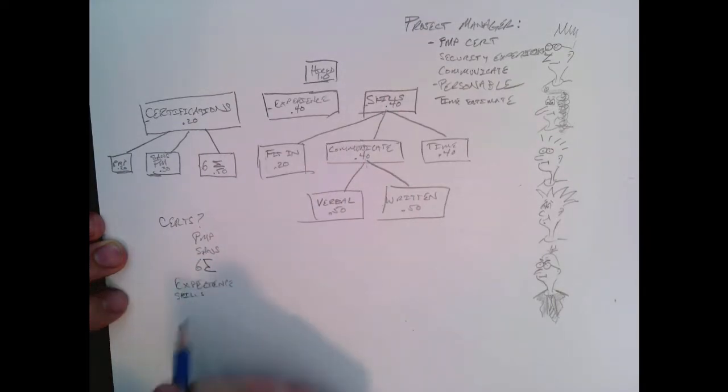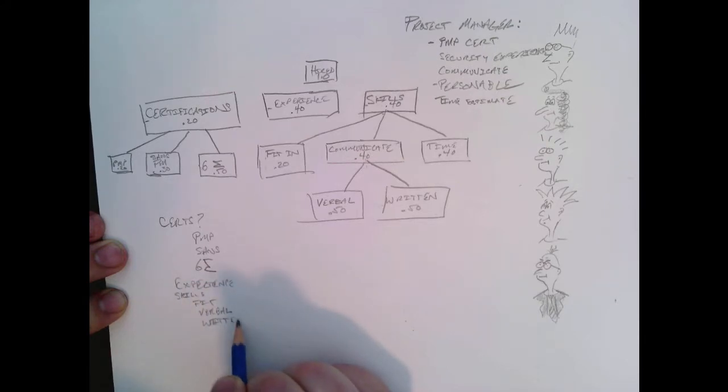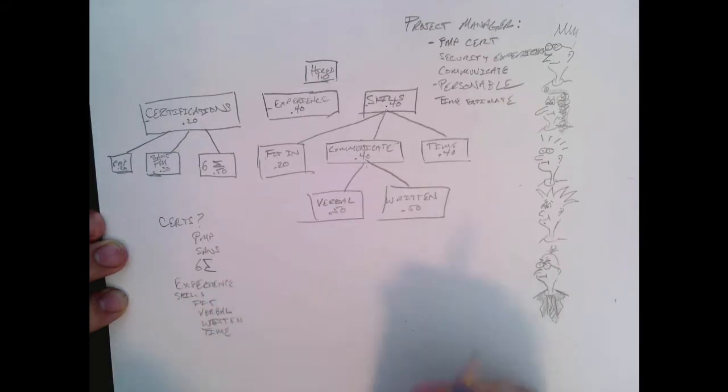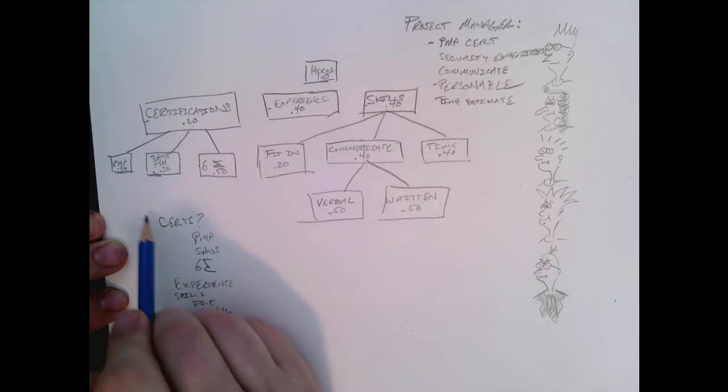So I'd want to know about how they fit. I want to know about verbal and written skills. And let's see, time management and the ability to teach us or help us do time management better.